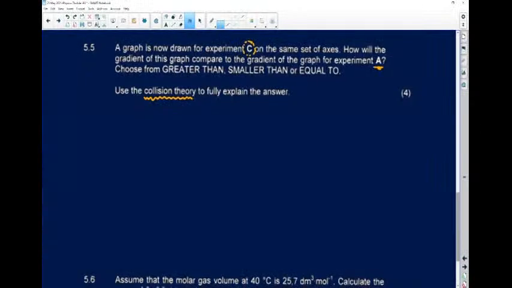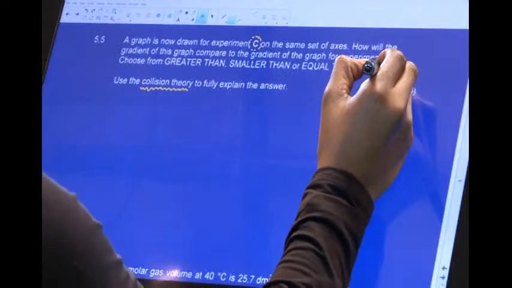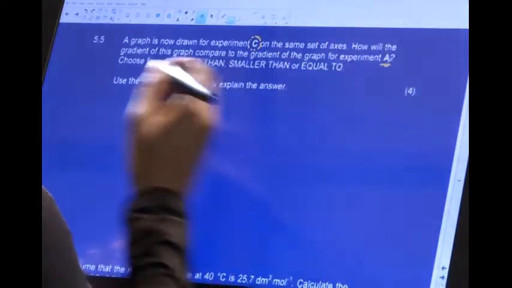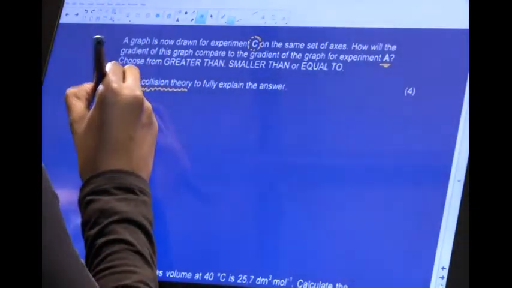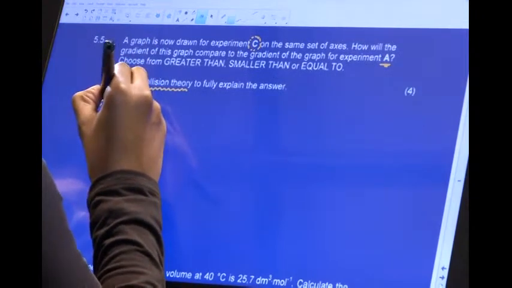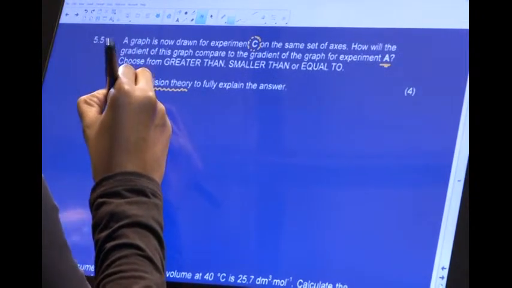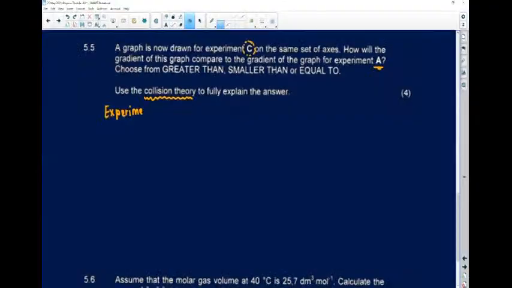Now they're saying use the collision theory to fully explain this answer. In experiment C, we use powder. In experiment A, we used granules. So now you could say for experiment C, there were various ways you can answer it, but I'm going to show you what the examiner is looking for. Experiment C. So I'm going to make experiment C the center of attention.